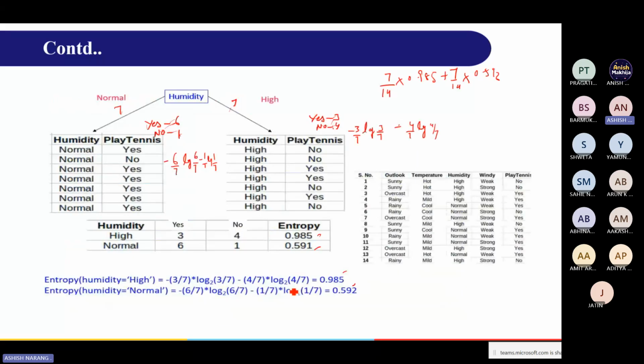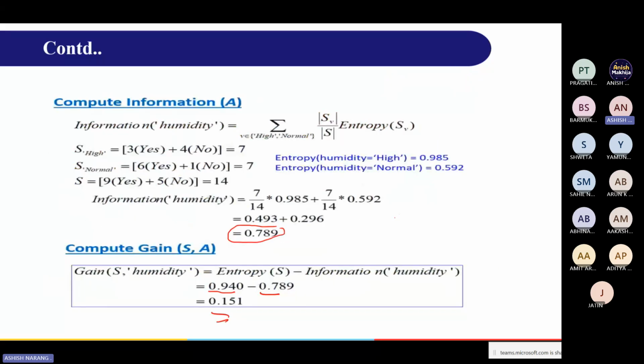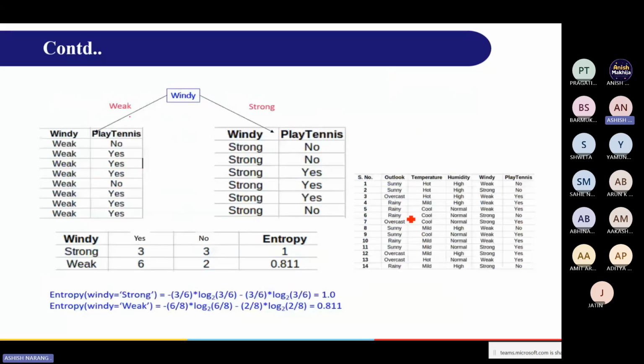We have calculated for outlook, temperature, humidity. What is left is wind. Again a 7-7 split, but within it, let me check, 1, 2, 3, 4, 5, 6, 7, 8, sorry, an 8-6 split.